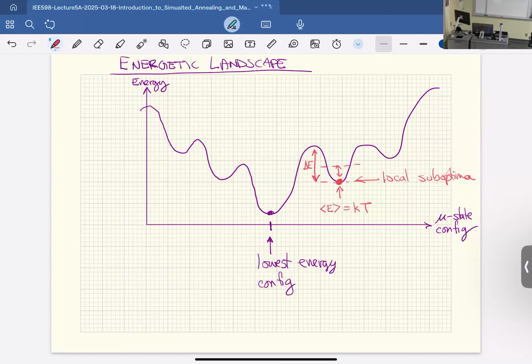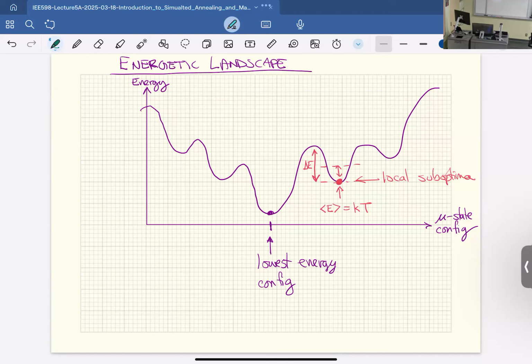There still is a chance, because it's a long-tailed distribution. There's a chance that at a lower energy you'll be able to get over there. This is just the average energy. But most of the time, you're not going to find yourself moving to another intermediate microstate.